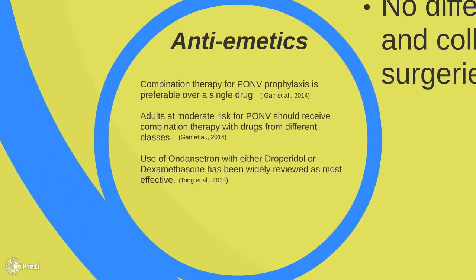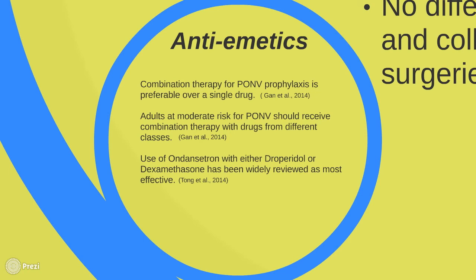Another big area is antiemetics. Combinational therapy for postoperative nausea and vomiting prophylaxis is preferable to using a single drug alone, demonstrating that the effects of antiemetics acting on different receptors are additive.